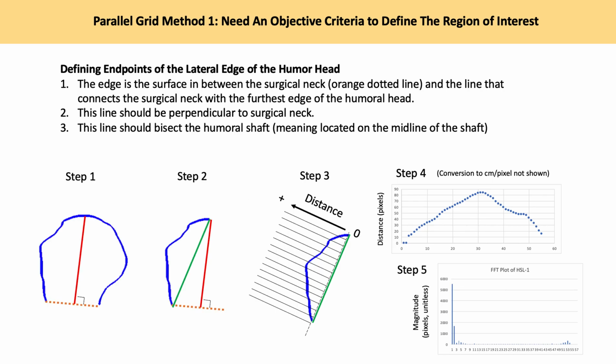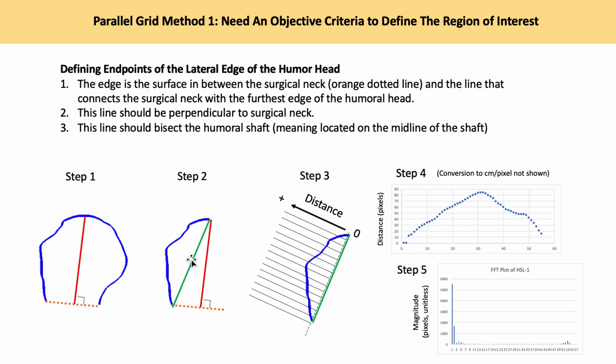Before we did that, we again needed an objective way to define the surface we want to measure in every single patient. To do that, again, we use the concept of the midline of the humeral shaft and its perpendicular intersection with the surgical neckline.